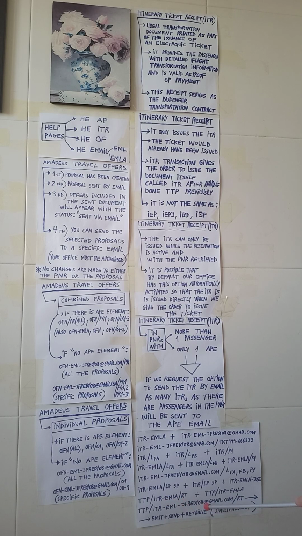Next, we see 2 similar transactions, this one and this one, TTP/ITR-EMLA/RT and TTP/ITR-EMLA. Both allow sending the ITR document to the email address that appears in the PNR's APE segment while issuing the document at the same time.